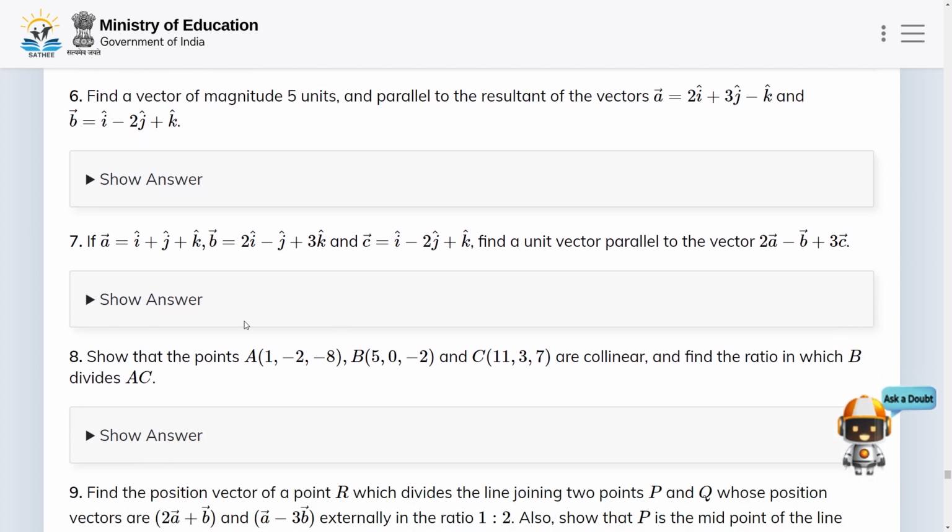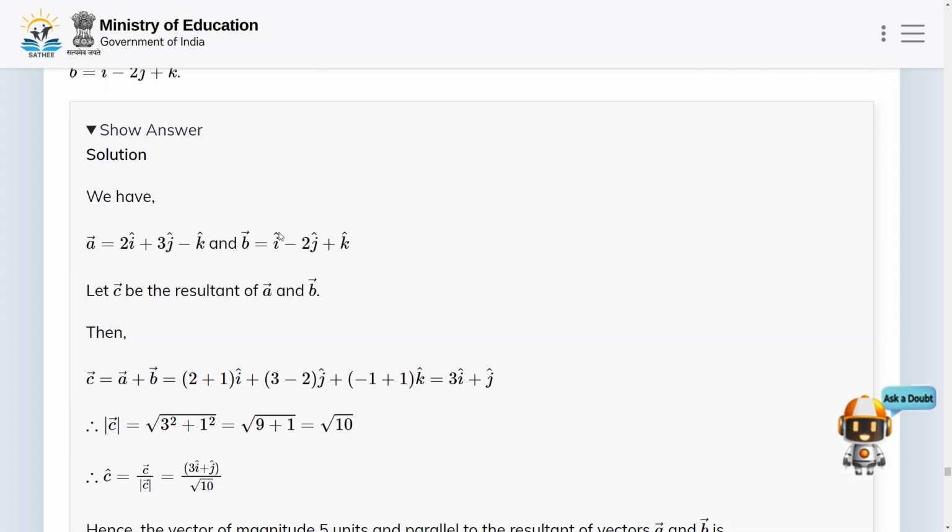Now the sixth problem. Find a vector of magnitude 5 units which is parallel to the resultant of the vectors a and b. So a and b are given to you.